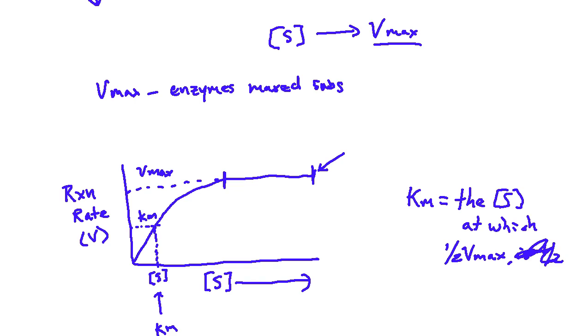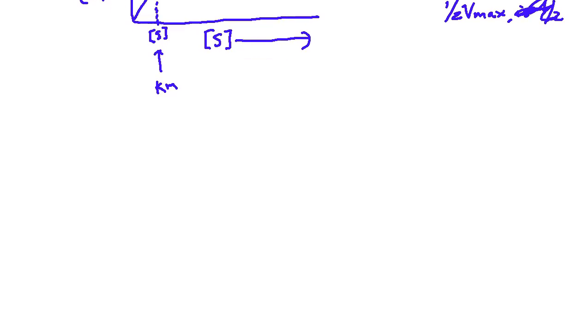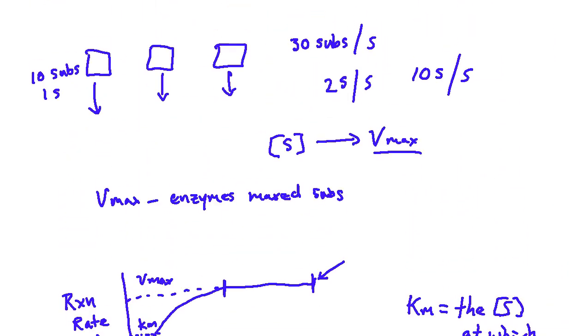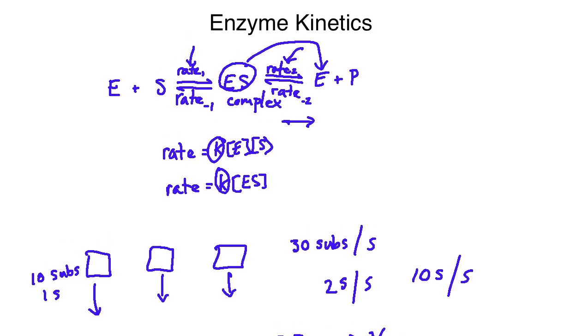Now, something else that we talk about when we talk about assumptions with enzyme kinetics is something known as the steady state assumption. What the steady state assumption states is that we are unlikely to have a reassociation of the enzyme product complex back to the enzyme substrate complex.